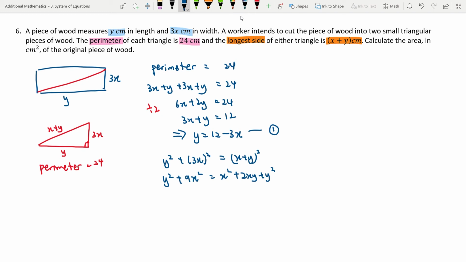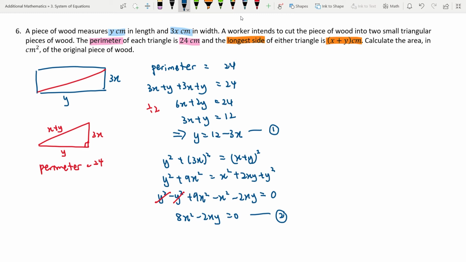We bring all the terms to the left side and let it be 0. y square minus y square plus 9x square minus x square minus 2xy is equal to 0. Simplify the equation. y square minus y square is gone. 9x square minus x square, we get 8x square minus 2xy is equal to 0. We let it be equation 2.